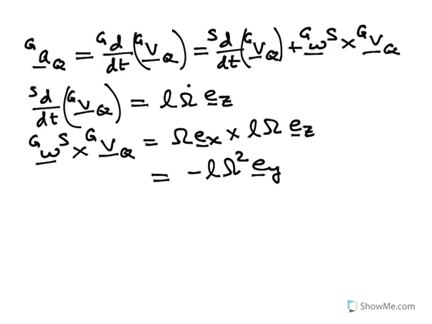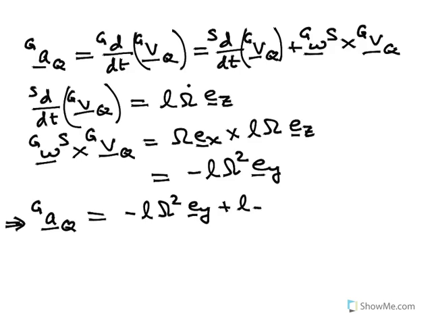So that tells me that the acceleration of point Q as viewed by an observer fixed to the ground is equal to minus L omega squared Ey plus L omega dot Ez.